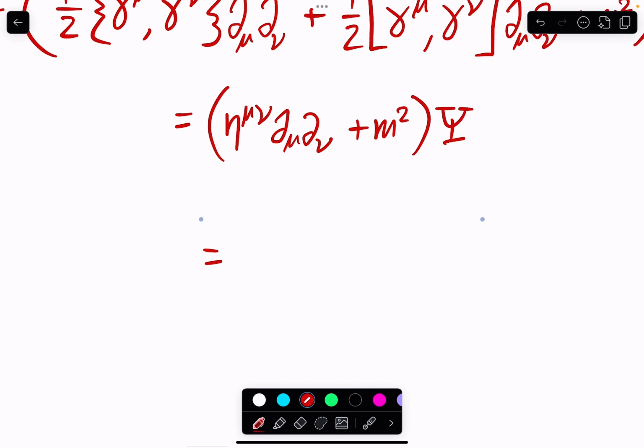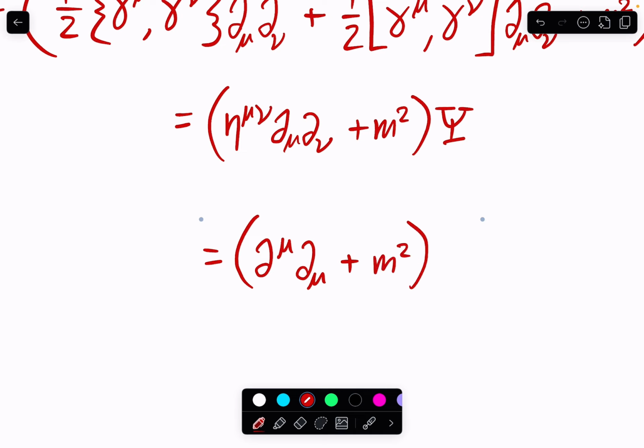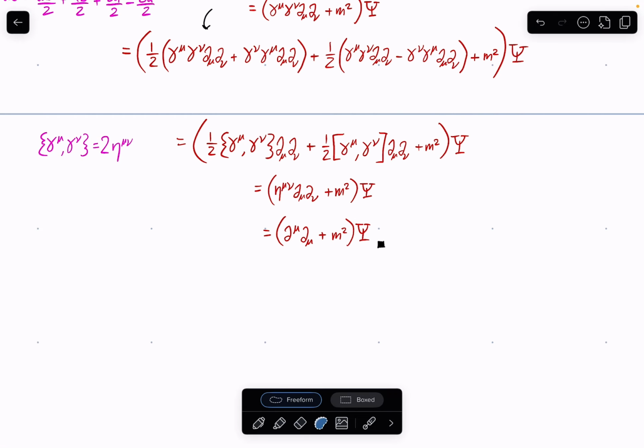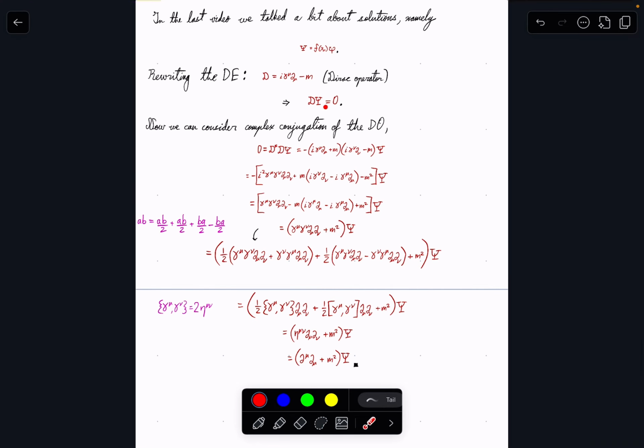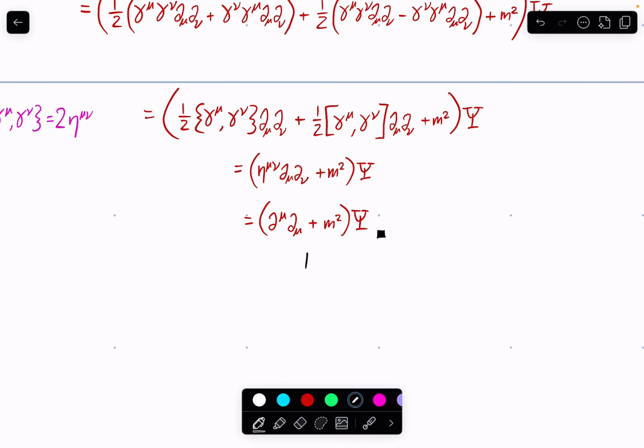And so you get the last term, which is partial mu partial mu plus m squared psi. And if you recall correctly, this is actually the Klein-Gordon equation. And so what this tells us is that if we have the Dirac equation, a Dirac spinor also satisfies the Klein-Gordon equation.